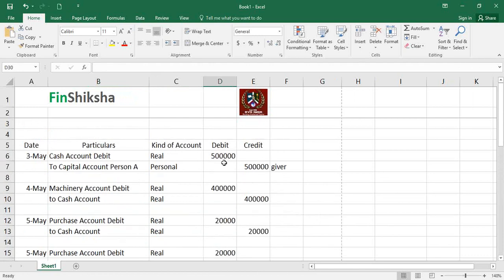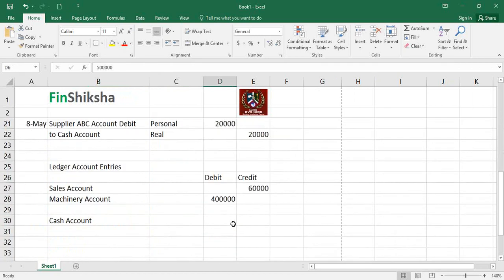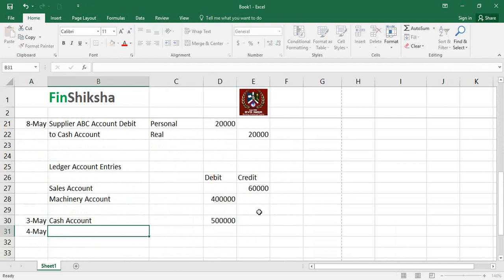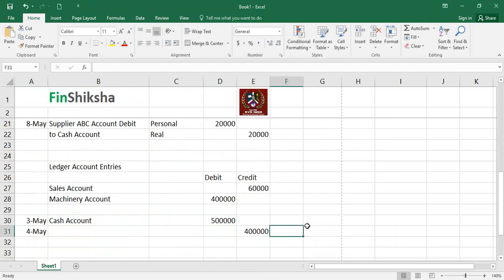Initially the cash account starts with a debit here. I'm going to color this so that we know we've used that. So cash account gets debited 5 lakh on the 3rd of May. Then 4th of May, same cash account gets credited for 4 lakh, so we have 4 lakh that comes here in terms of the credit.